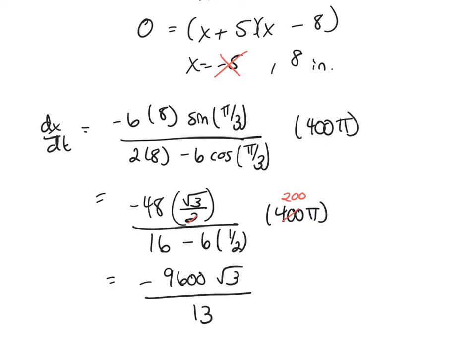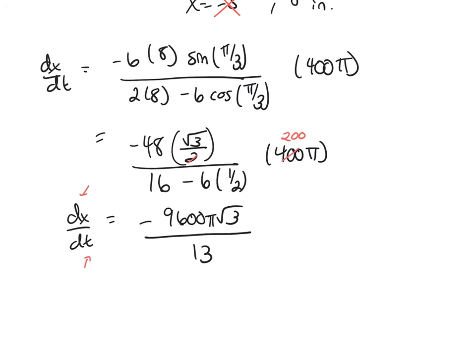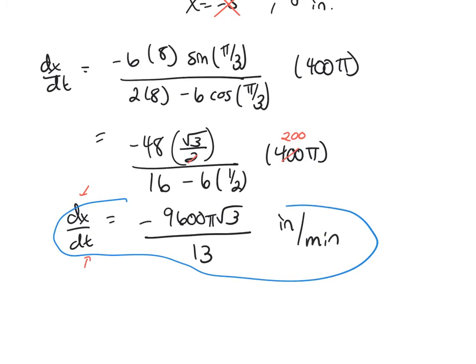And then we need a pi here, and we need some units. dx over dt: x is in terms of inches, t is in terms of minutes. So my unit here should be inches per minute. And there's my answer for dx dt.